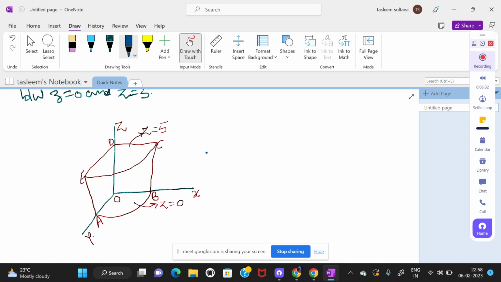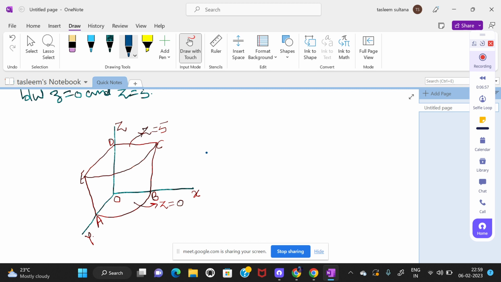They are giving that it is included in the first octant, where z is equal to 0. It is in the xy plane only, where your z value is equal to 0 and z is equal to 5. In the circle equation z is 0.